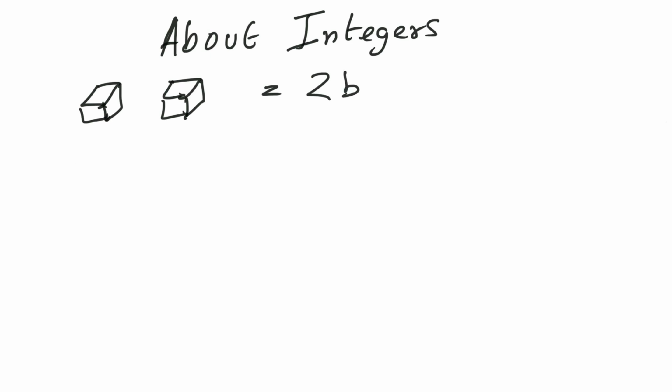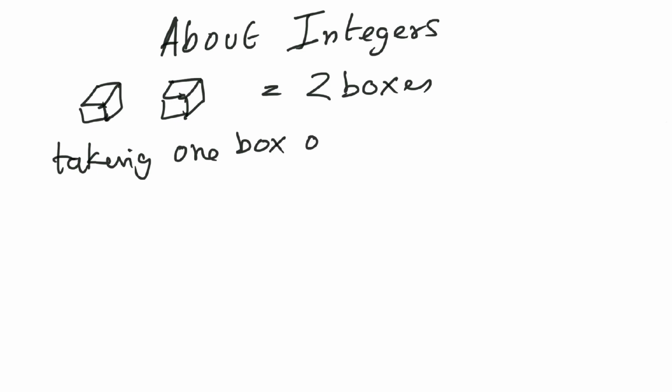So continuing with the similar discussion we had in the previous video, you have two boxes, which we denoted by the number 2. We are taking one box out. Now the point is, how will you represent it? That is obviously 2 minus 1, that would be 1.